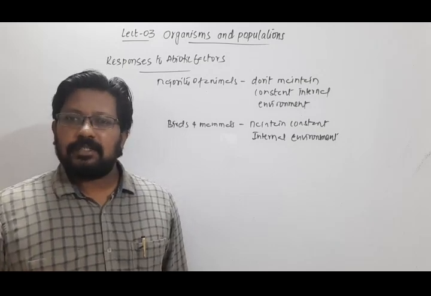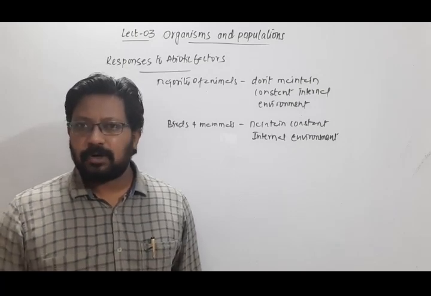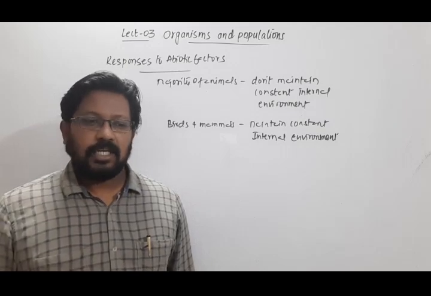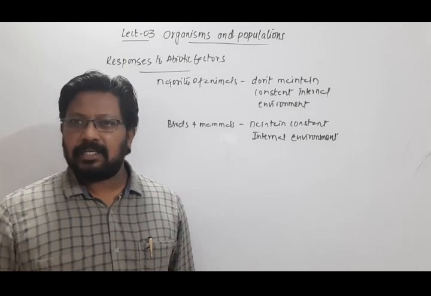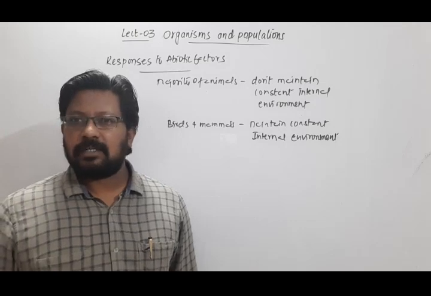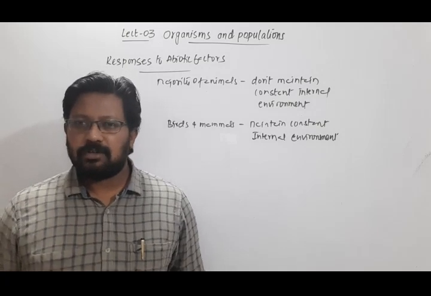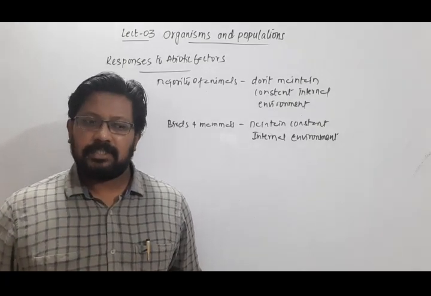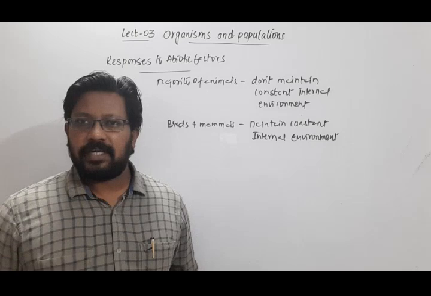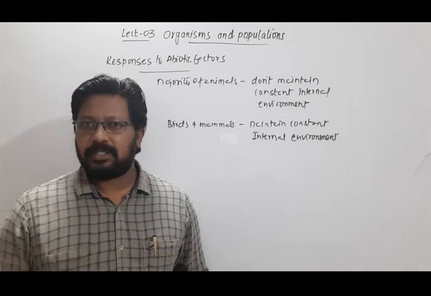If they are not maintaining a constant internal environment, then the organisms have to respond to that abiotic factor. If they feel the temperatures are very high, they need to move to other locations where the temperatures are lower. And for these organisms the temperature should not go too low, meaning sub-zero or very cool conditions, or too high. So they try to live in their optimum temperature conditions.